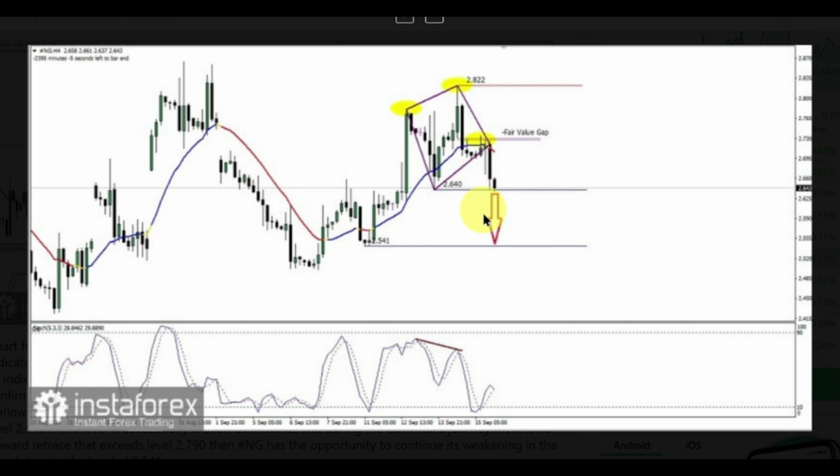If this level is successfully broken downwards, and during the downward journey there is no upward retrace that exceeds level 2.79, then NG has the potential to continue its weakening in the near future to the level of 2.541.